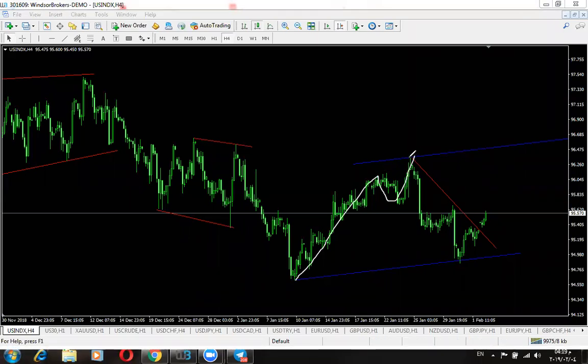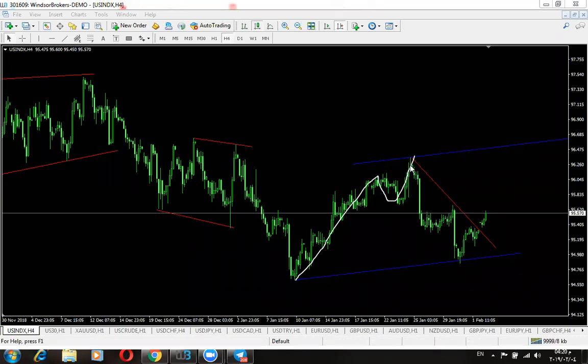Then we have another ABC to the downside. As usual, as I have shown you and told you before, we do not predict the type of correction unless the price action gives us a clue about the corrective structure the price is going to make.